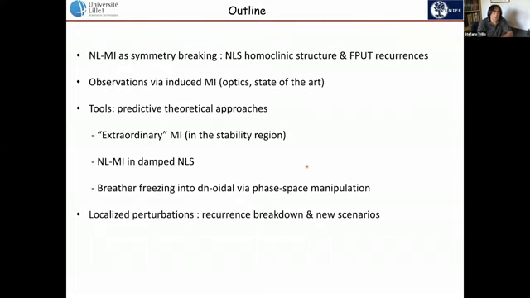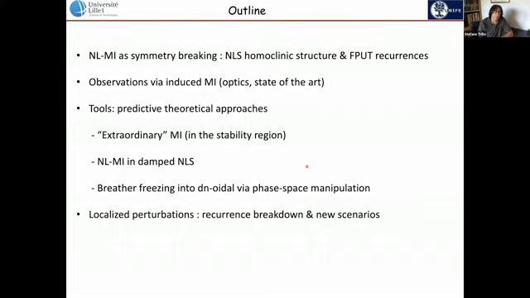And okay, so I hope I will not annoy the audience to death, because I'm going to speak about mainly experiments and concepts. So this is the second point, but I will mention tools, and we privilege predictive theoretical tools, and I will give 3 examples.